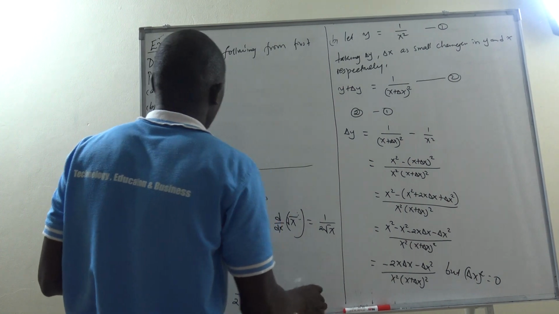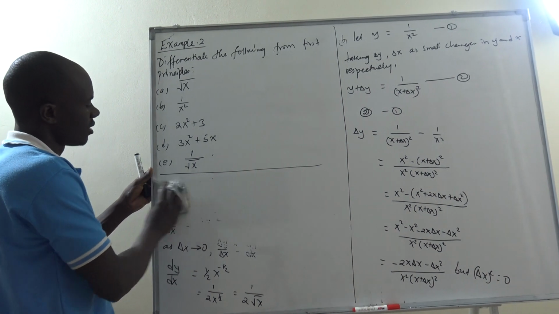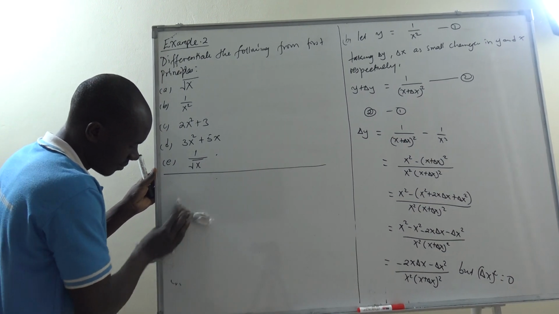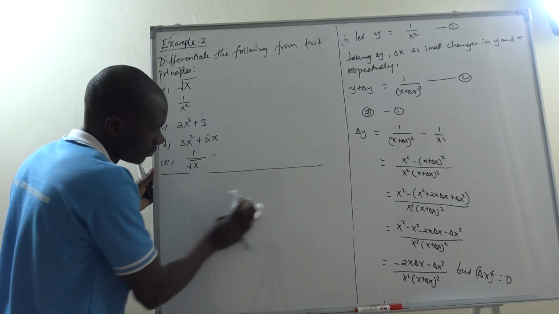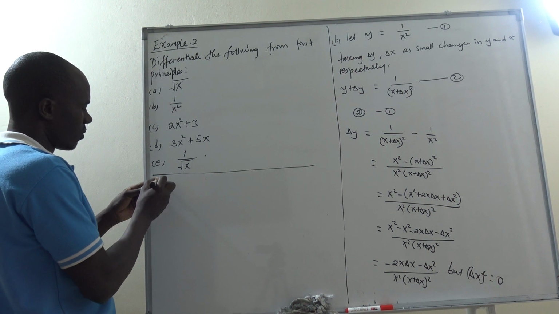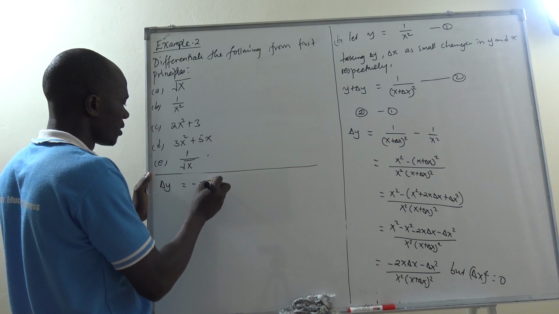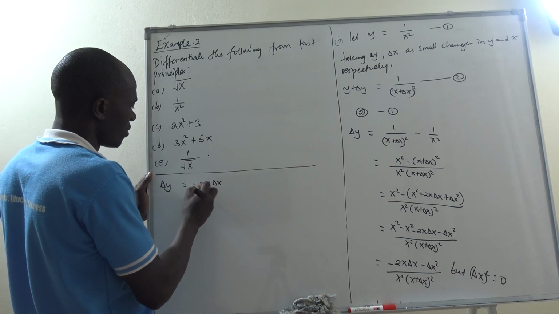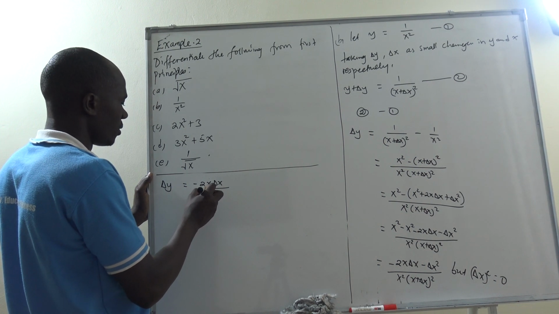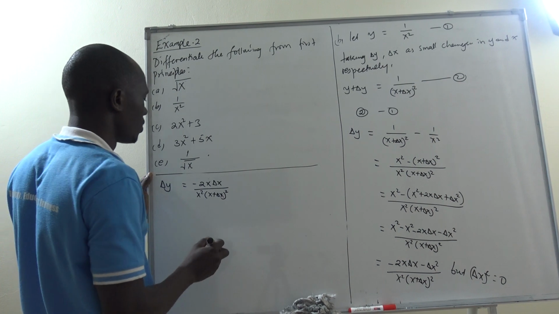So can we try to substitute in and we see what we shall likely come out with. So we are remaining with delta y, which is equal to negative 2x delta x all over x squared into x plus delta x, that's 1 squared.